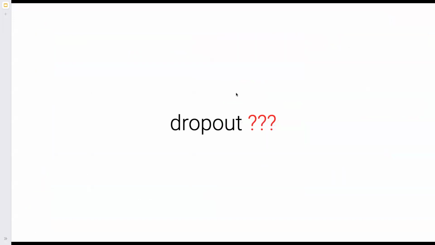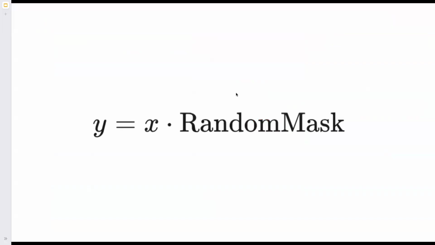And now, once we've covered how we can make layer norm work efficiently and why we need to store the activations for the entire hidden dimension, what about dropout? Why do we even need the entire hidden dimension for dropout?